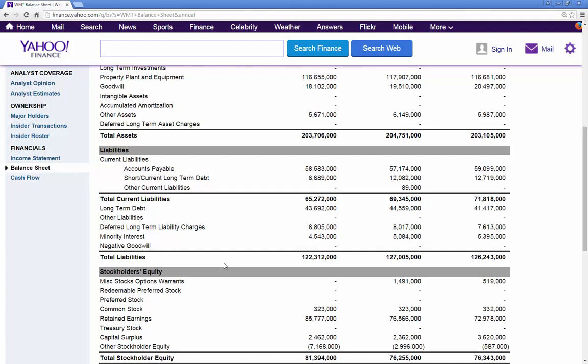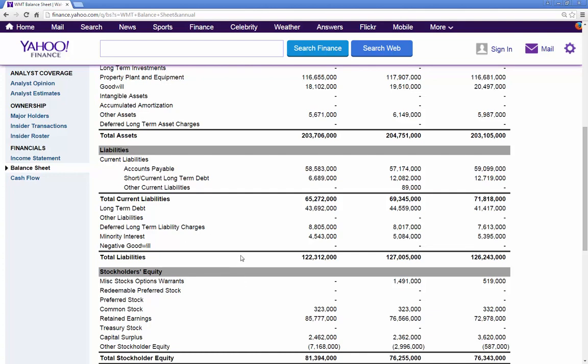A little basic accounting for you is that assets equal liabilities plus equity, or the assets, what a company owns, equals its debts plus its equity. That means that the equity really represents the amount of the company that is owned by the stockholders, or the owners, rather than owned by the bank or the people that lend money to the business.